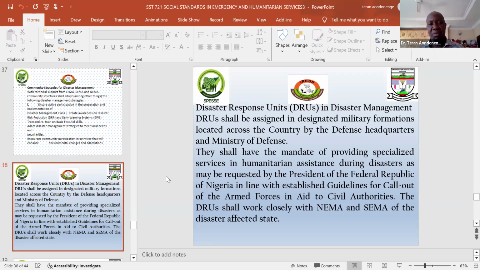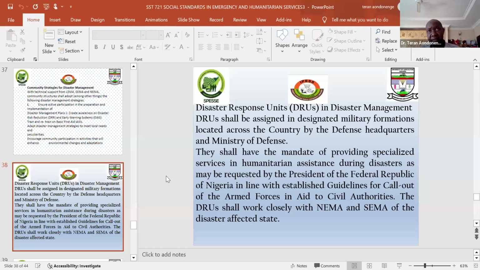The disaster risk response unit in disaster management. You may be asked, which are the DREUs? When we talk about the DREU, we're simply talking about the disaster response unit. They shall be assigned from the designated military force located in a country.